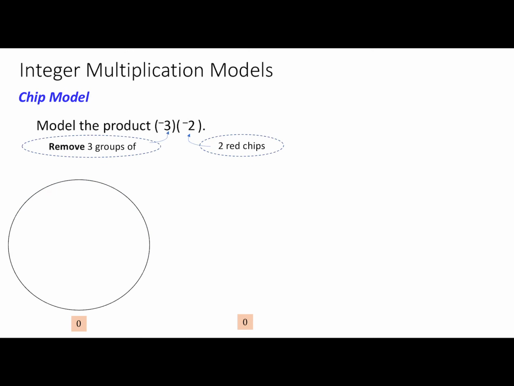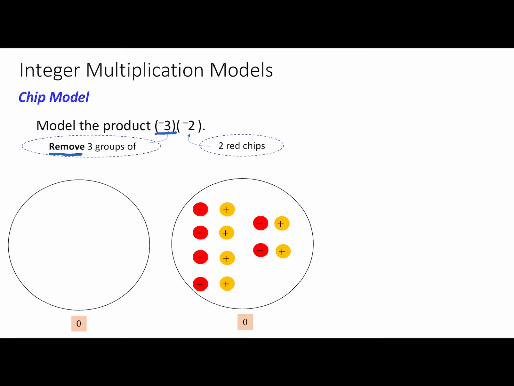Now what if that first number had been a negative? If the first number in your product is negative, we're going to read that as "remove." Okay, so remove 3 groups of 2 red chips. I'm going to start with a circle that has 0 in it. Now I need to be able to take out 3 groups of 2 red chips. We can represent 0 with any number of pairs of red and yellow chips.